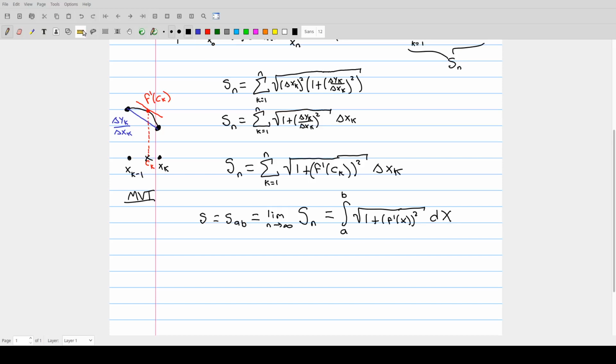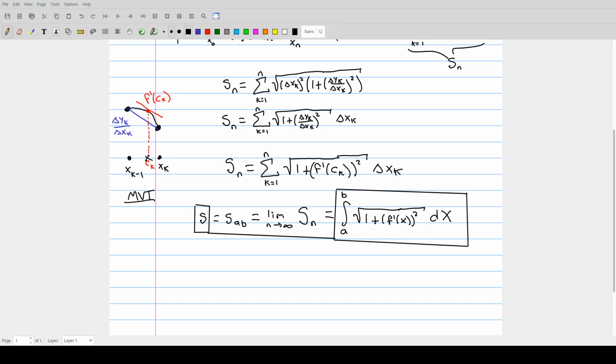And so this is the simplest formula expressing the arc length S in relation to the definite integral of a function on the interval from a to b. I'll make this a little bit nicer. This should be f prime right here.